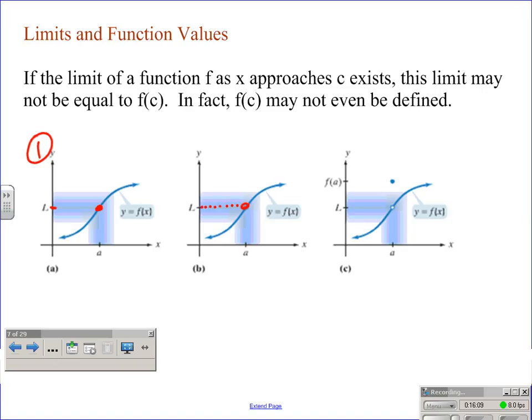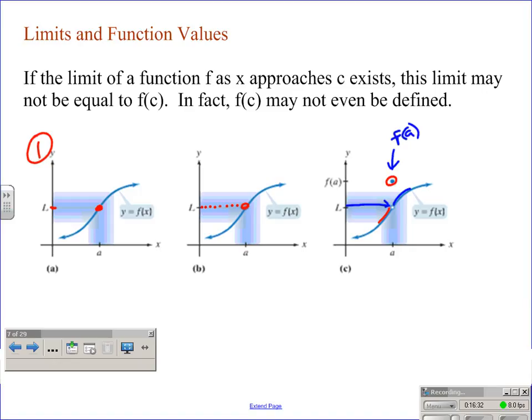And then in this case here, it is defined here. But as it's approaching, you notice from the negative side here and from the positive side here, it's not going to give us this. So when you look, this is our limit, whereas this is our f of a.